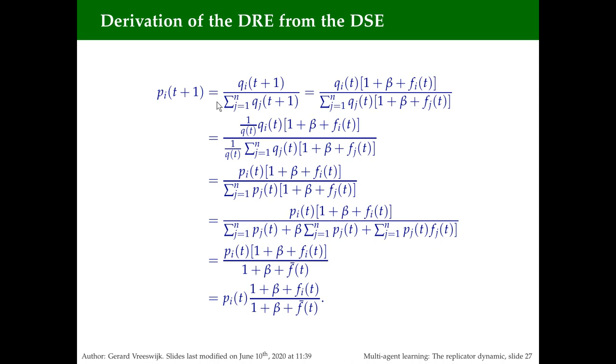To sum this derivation up, fill out the definitions.